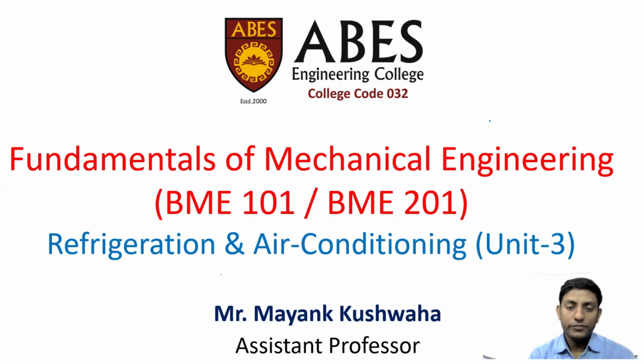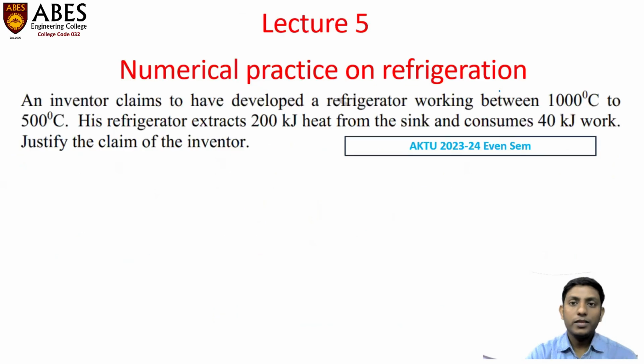In this video, we are going to discuss some numericals based on refrigeration system, which have been previously asked in AKTU end semester examination. So the first question that I have brought here was there in AKTU 2023-24 end sem.